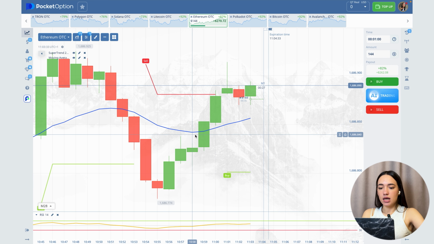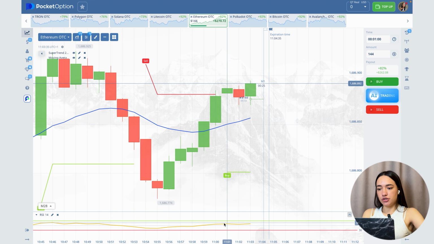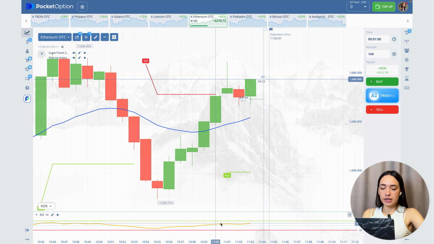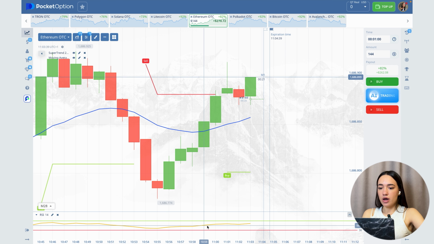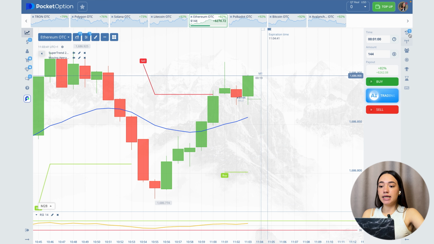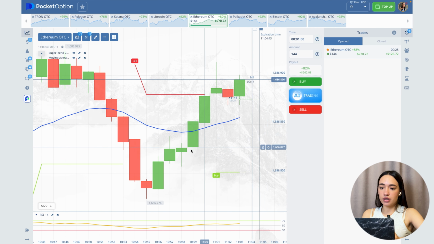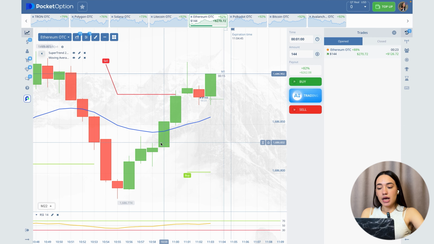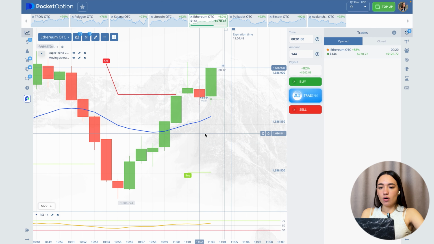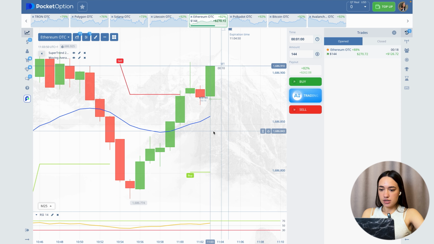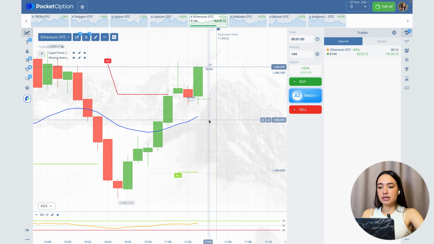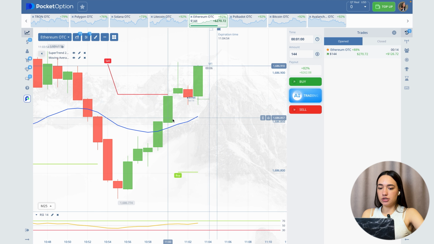The price crossed the moving average from below to above, and the RSI is in the range from 50 to 70, indicating bullish strength. We've got all three confirmations right now, so we can safely open a buy trade here.